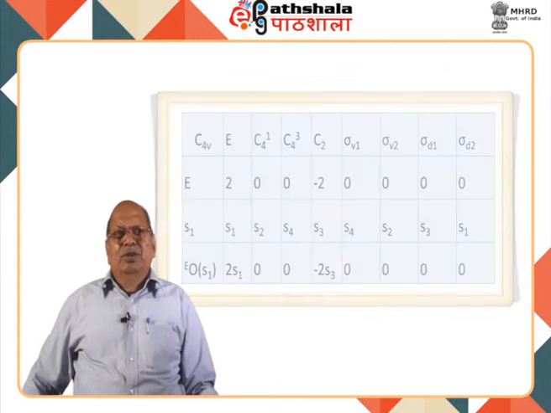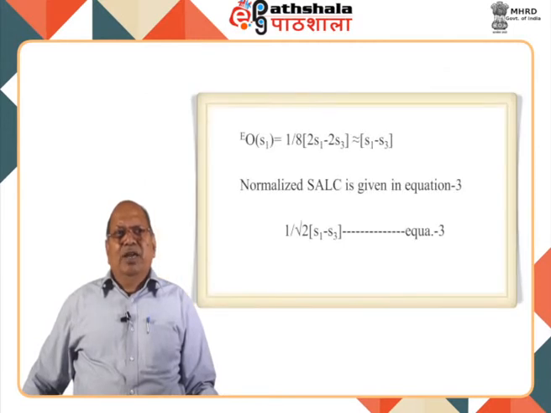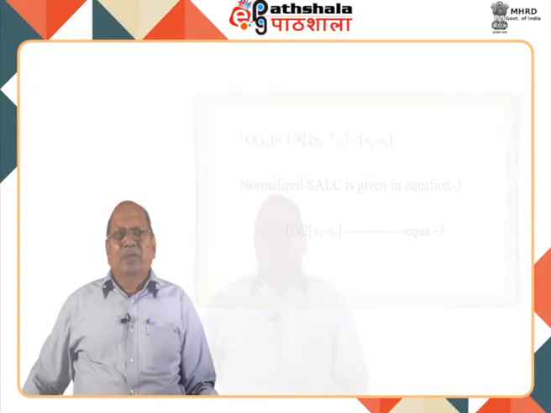After doing the calculations, the normalized SALC corresponding to symmetry E on S1 is 1 upon root 2 (S1 minus S3), and the result is given in equation 3.